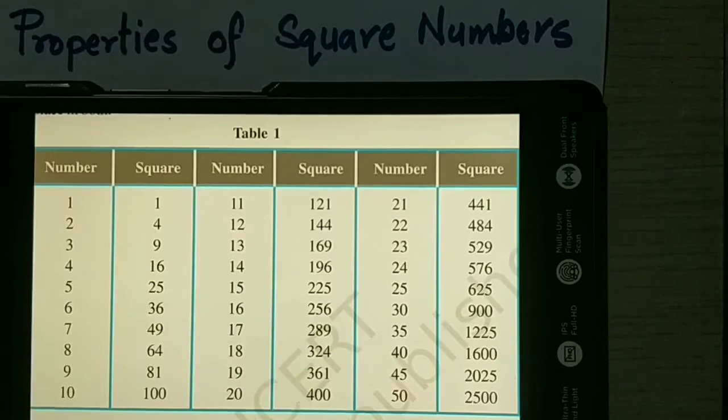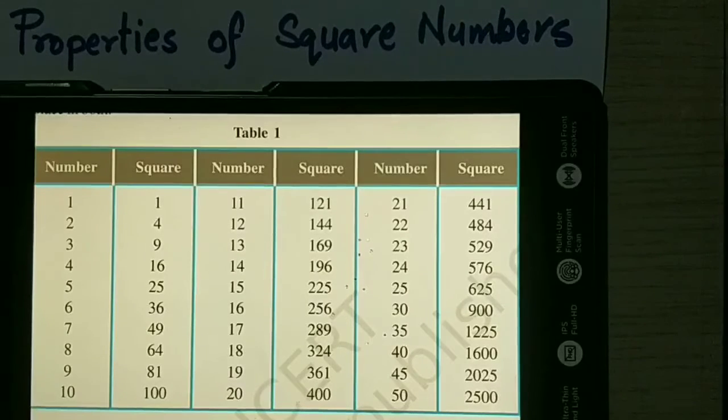We can check it further by taking numbers up to 30, 50 or much more, along with their squares.